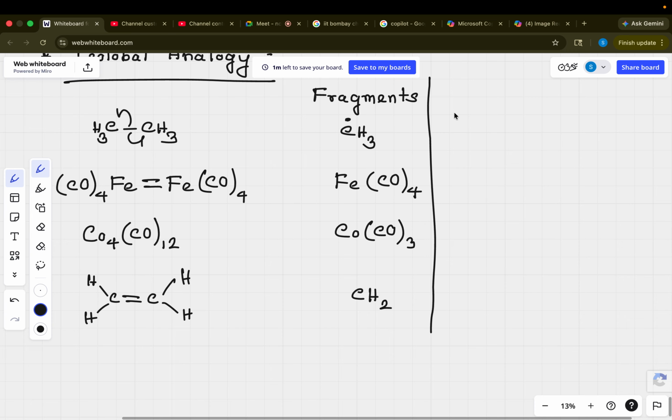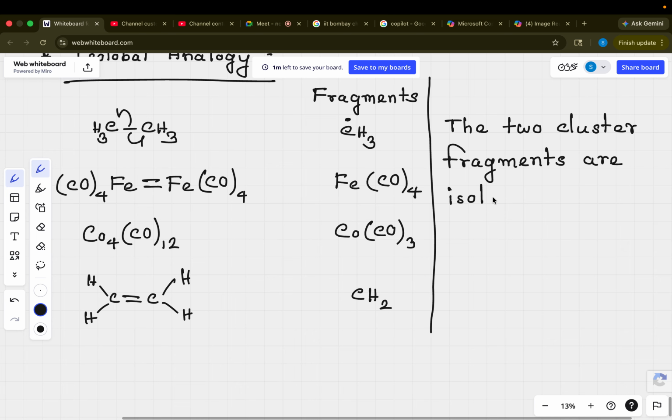You can write down clearly here, in one line, that two cluster fragments are isolobal if they have the same frontier orbitals.